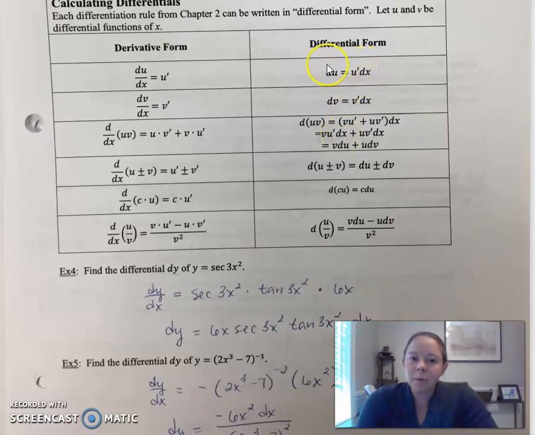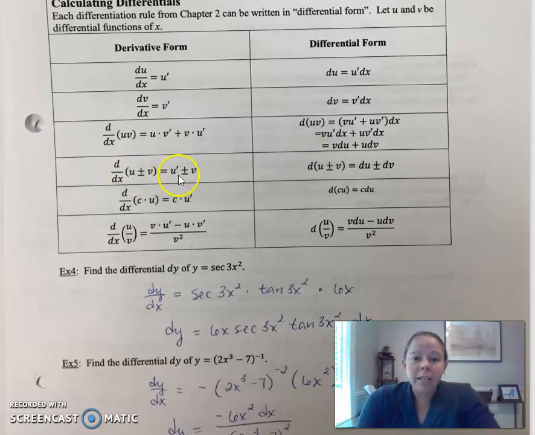Oh, we can replace that with du. So we get v du. And then when you distribute here, v prime dx gets replaced with dv. So the differential form is v du plus u dv. Isn't that cool? If you know anything about integrals, you're starting to say, oh, I know that. So that's something we'll use in chapter 4.